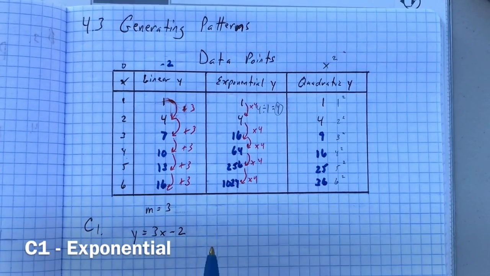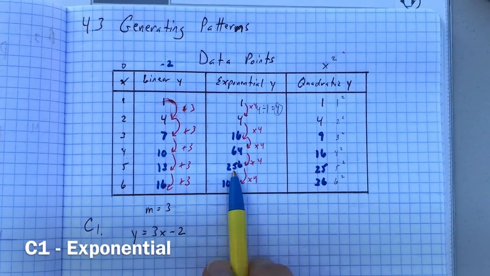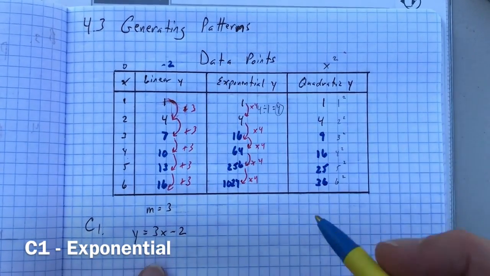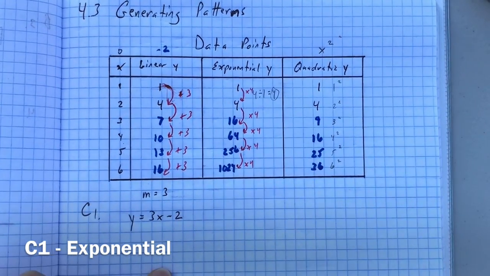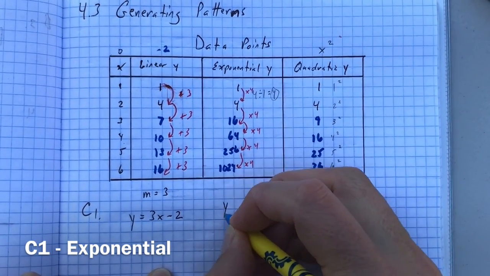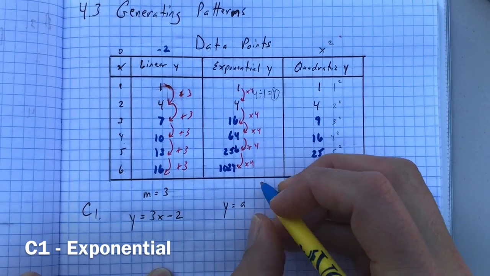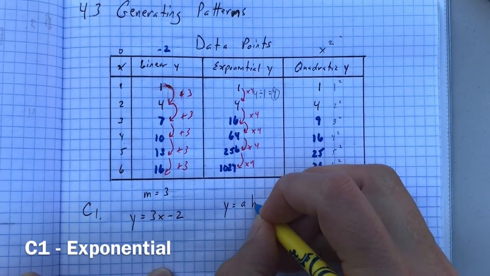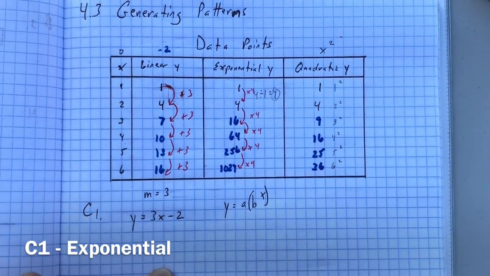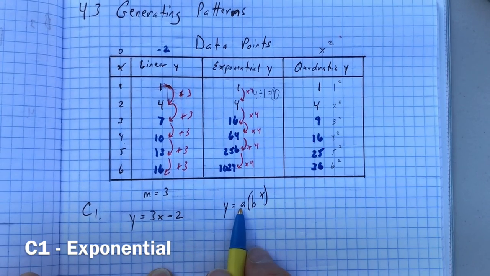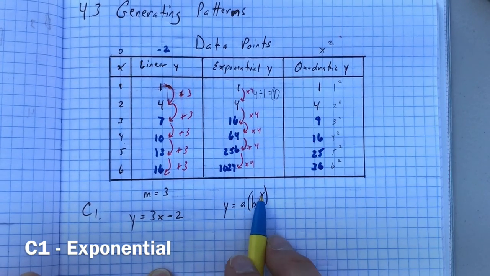All right, when it comes to the exponential function, we have to make sure we remember the overall structure. This is a key part. We're always going to have y equals a times b to the x power. Remember that a is our y-intercept, b is a growth factor, and x is here.